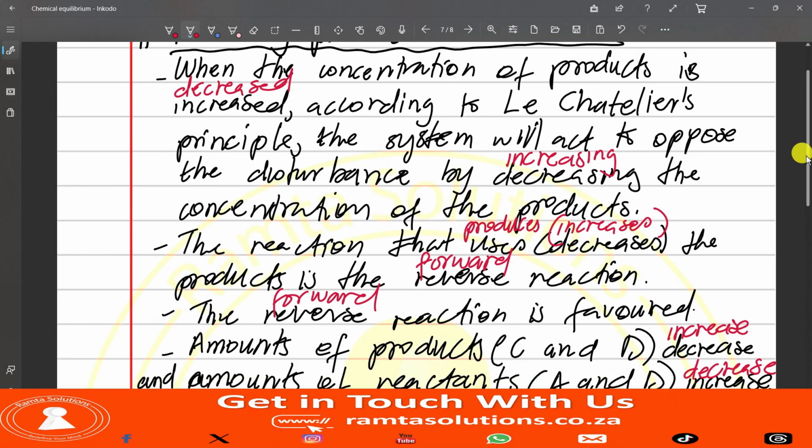So this is Le Chatelier's principle. Remember what it does? If you increase, the system will try to decrease. The system will do the opposite. This is Le Chatelier's principle with regard to concentration change.